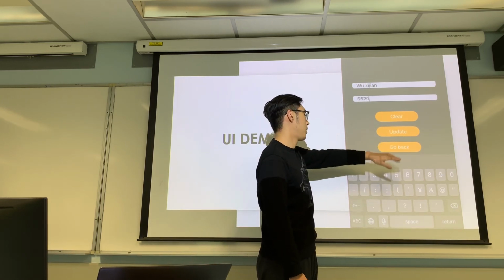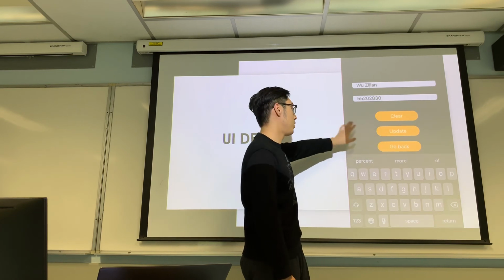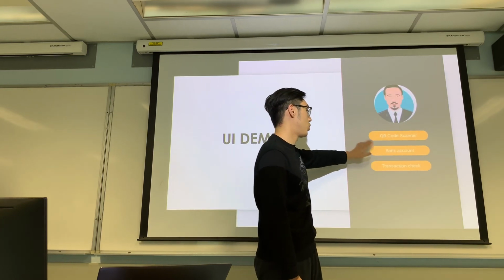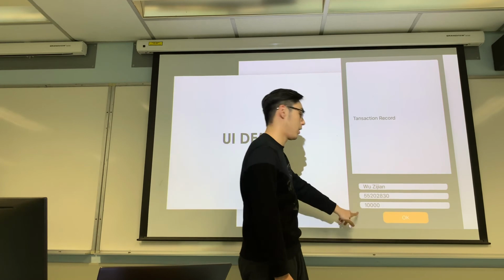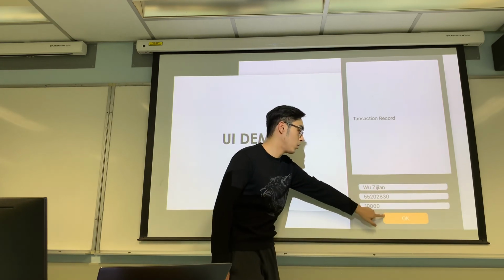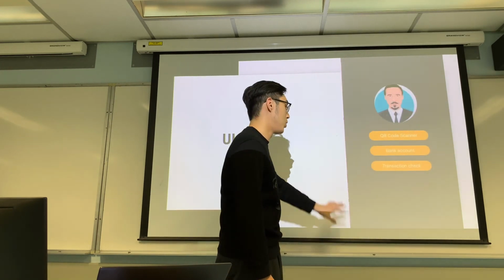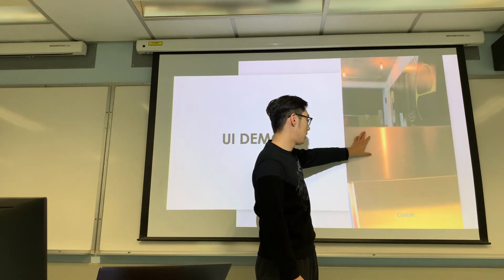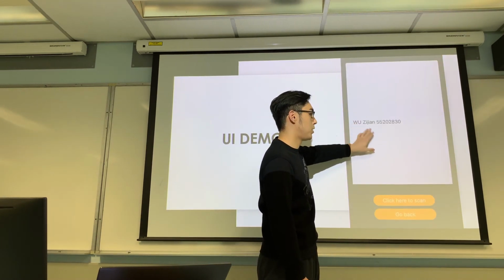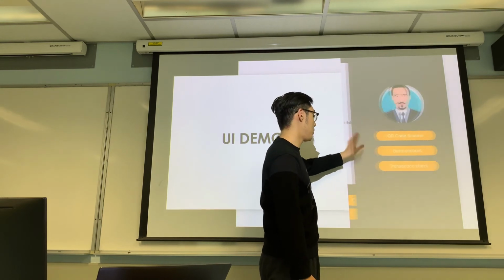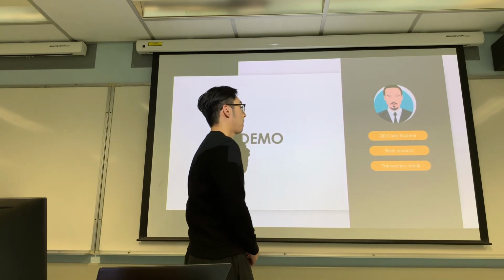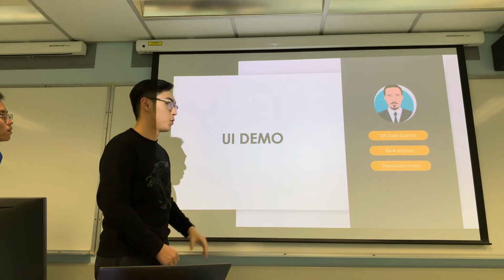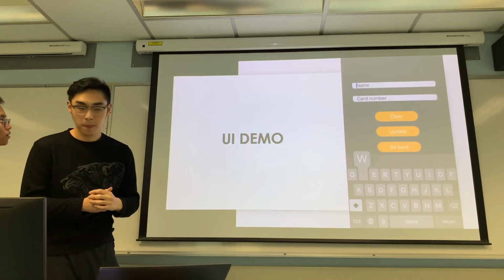And also you can select update, which means your information will automatically show in the transaction check. Just like this. Click OK, and you will return to the home page. In the barcode scanner, scan this QR code, which we made by ourselves, and also you can go back. This is about the user mode application.